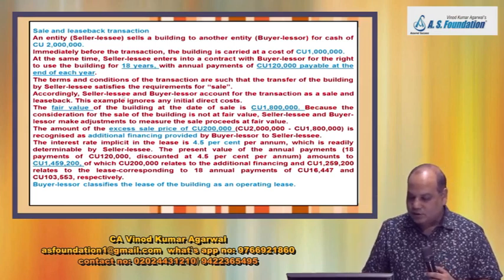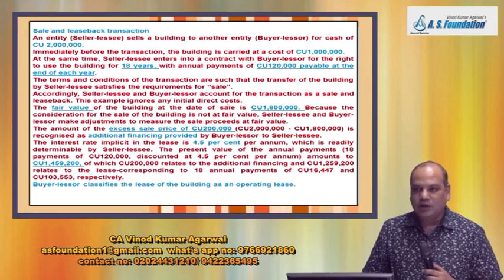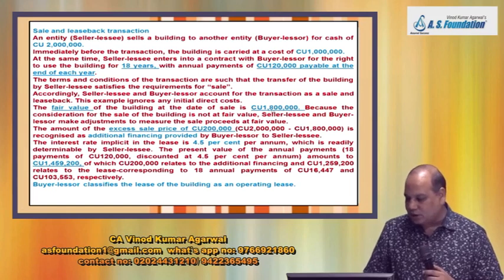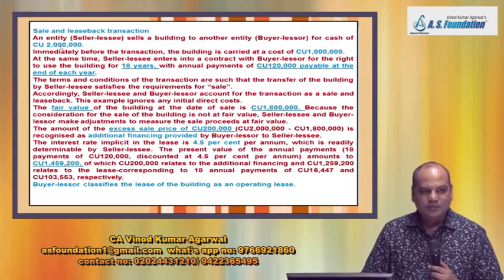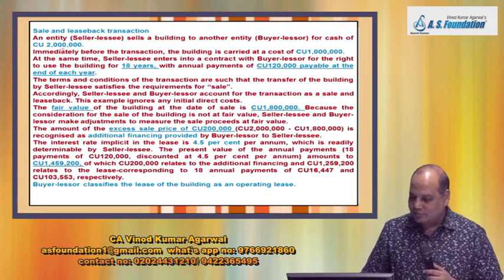Accordingly, seller lessee, buyer lessor account for the transaction as sale and leaseback. Ignore any initial direct cost. Very good. What is the fair value of the building? 18 lakh. Sold for how much? 20 lakh. How much is the additional finance? 2 lakh.